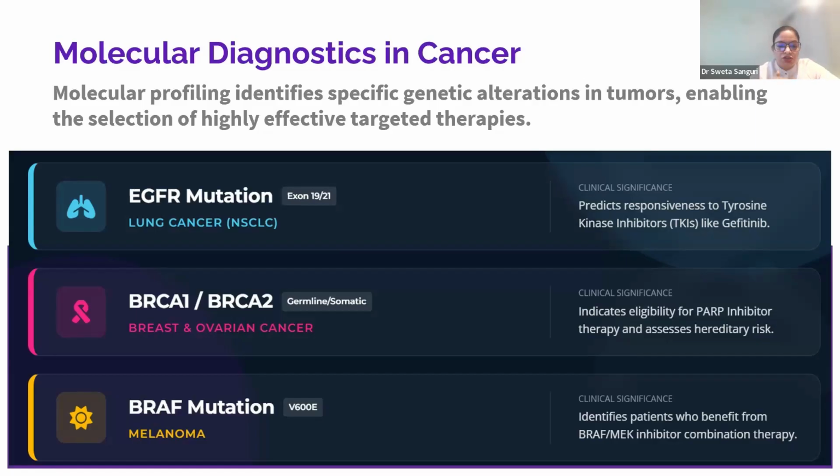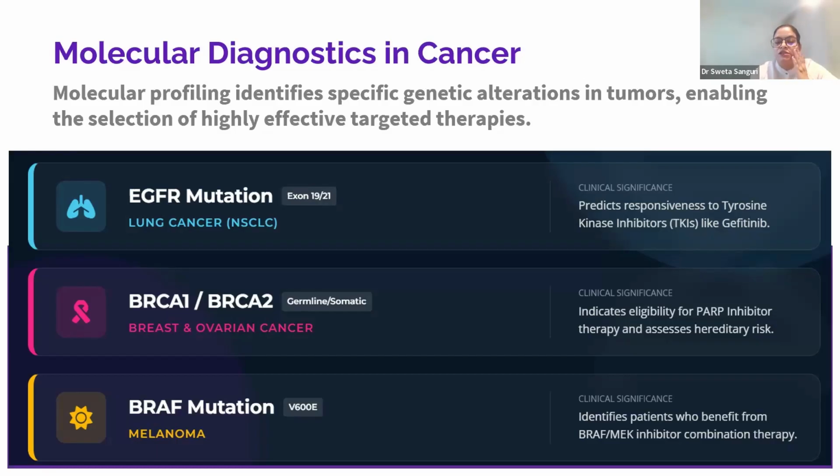So, if these mutations are identified by molecular diagnostics, these patients can benefit from PARP inhibitor therapy. These inhibitors specifically help patients with BRCA1 and BRCA2 mutation, and mostly because these genes have a risk of running through the family.